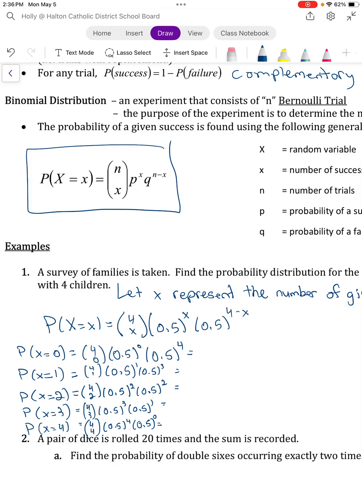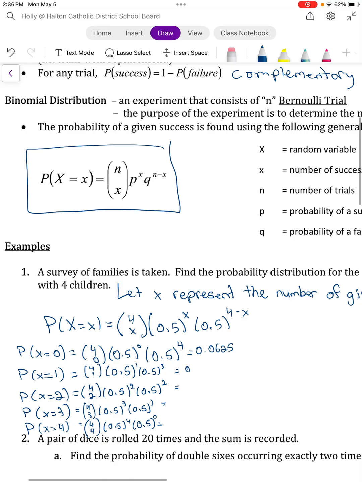You're going to take some time here to figure out each one. You can use your calculator to find the probability of each situation. So the first one, you're going to do 4 choose 0 times 0.5 to the 0, 0.5 to the 4, and that's going to give you 0.0625.